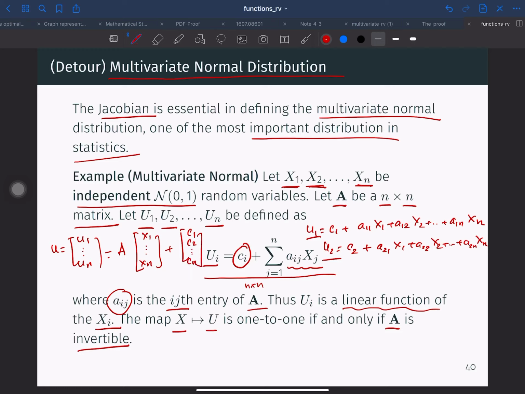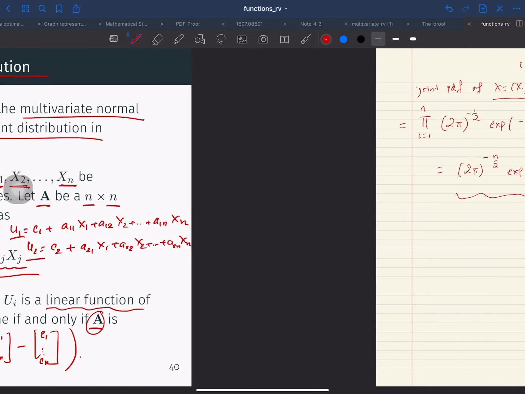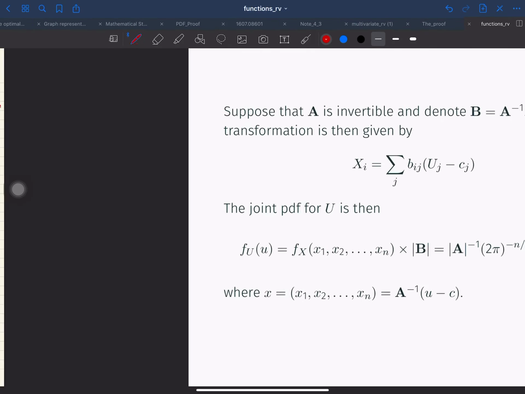In which case, my X1 up to Xn can be written as A inverse times U1 up to Un minus C1 up to Cn, as the inverse transformation. And this is defined if and only if A is invertible.